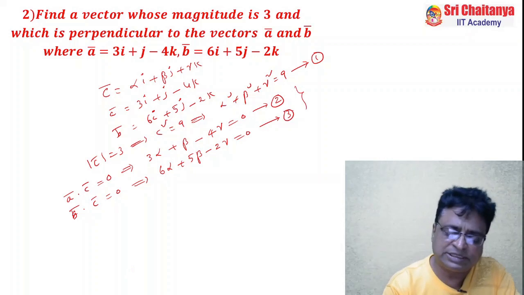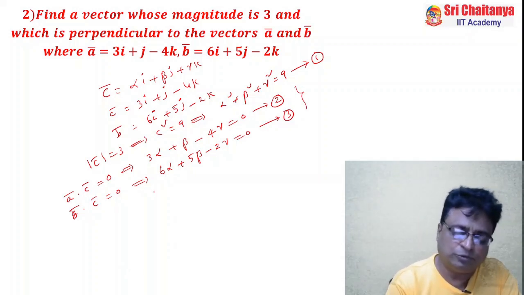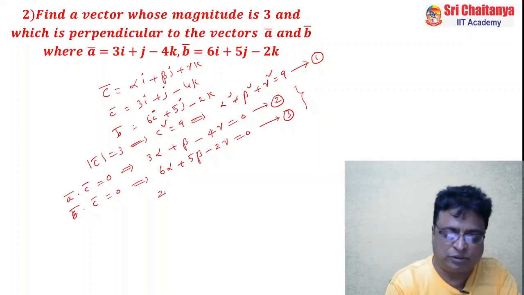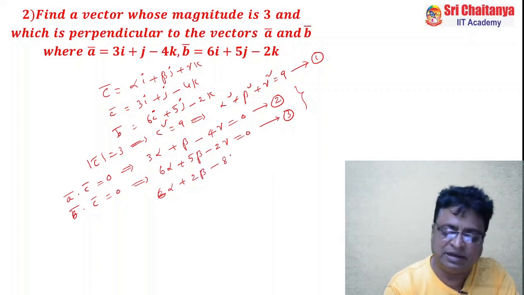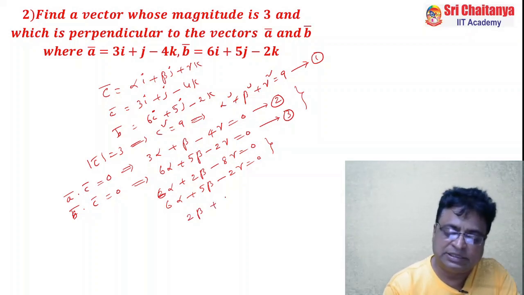Now what I am doing is, multiply equation 2 with 2 and subtract. That is 6 alpha plus 2 beta minus 8 gamma equals 0 and 6 alpha plus 5 beta minus 2 gamma equals 0. Subtract these two. So this becomes 3 beta plus 6 gamma equals 0.